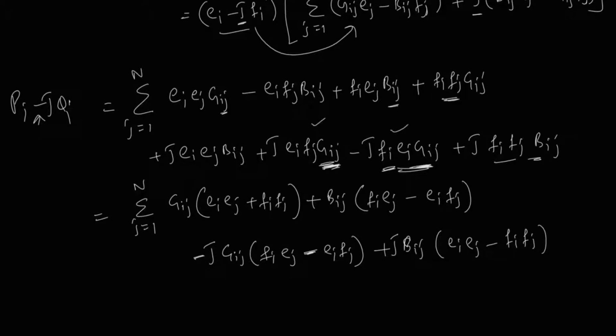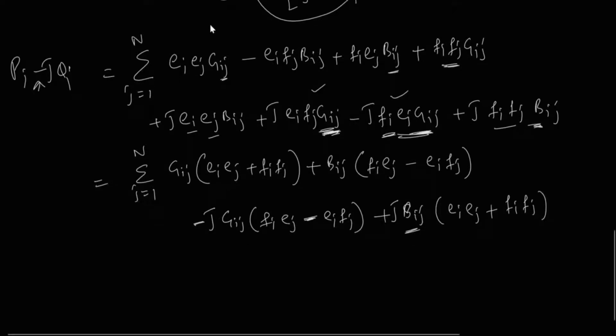Now Bij, if I take Bij plus Bij common, so Ei Ej, now this is Fi Fj, now this is plus, right? This is plus. Now what I do is I take this minus out, then this becomes minus.